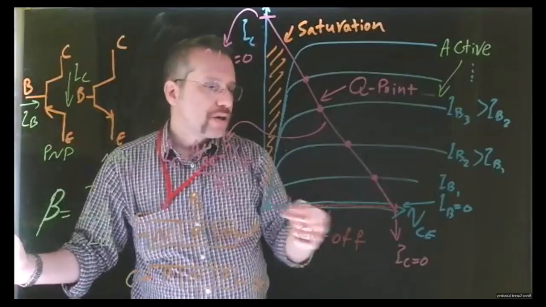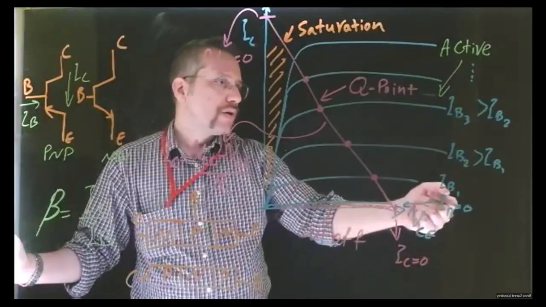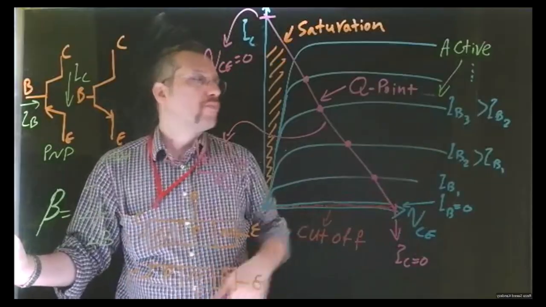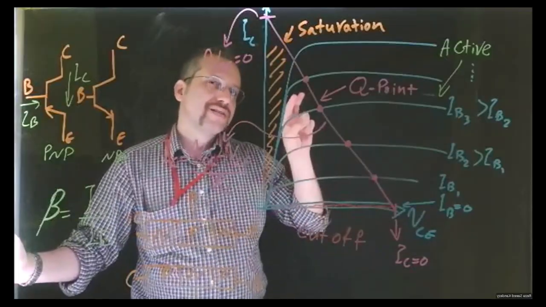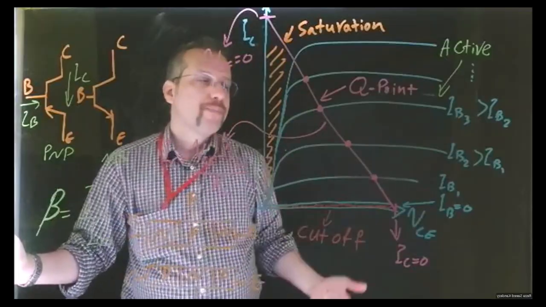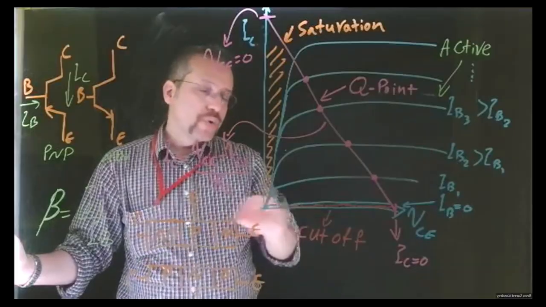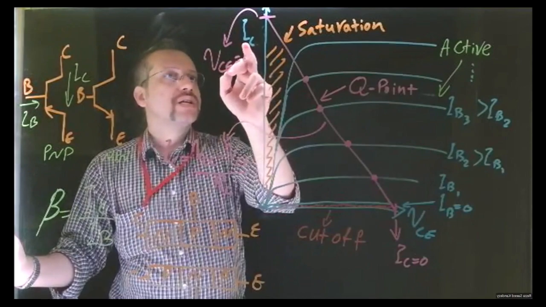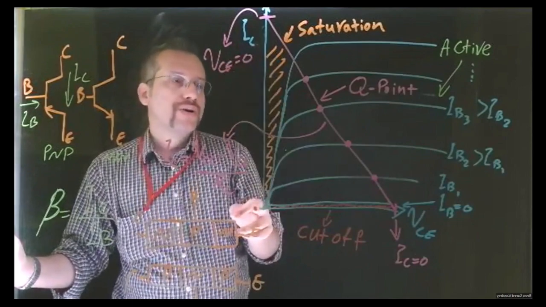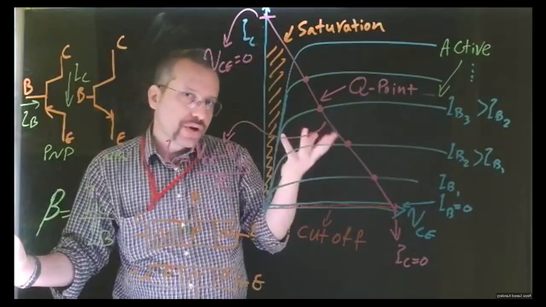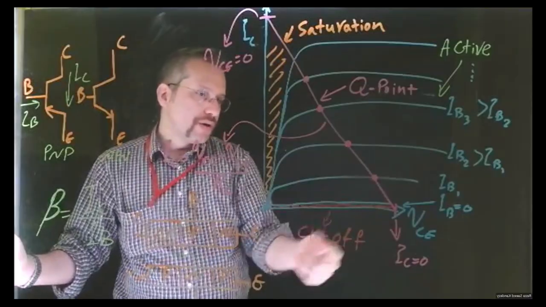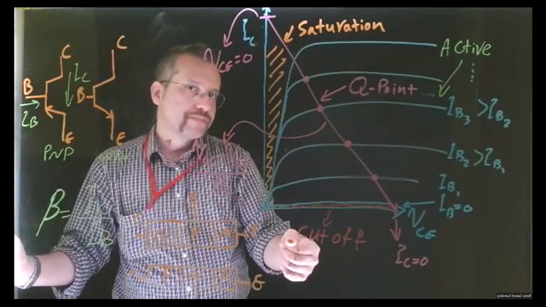Now, if the current injected into the base is lower than a certain level, or approximately zero, we don't see any significant current in the collector. Expect a little bit of leakage in the real world. So we call that region here cutoff region.